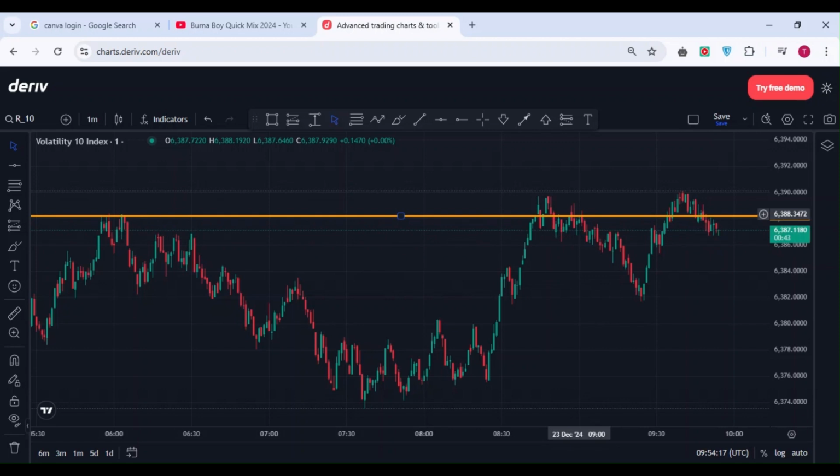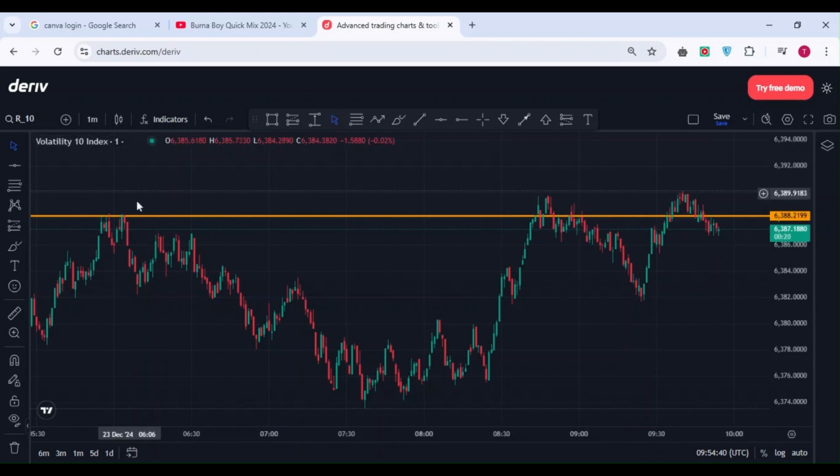With these long wicks, the first tap and the second tap, this suggests a potential double top formation, indicating bearish pressure from this resistance zone. Anytime the market reaches here, we expect a bearish movement.